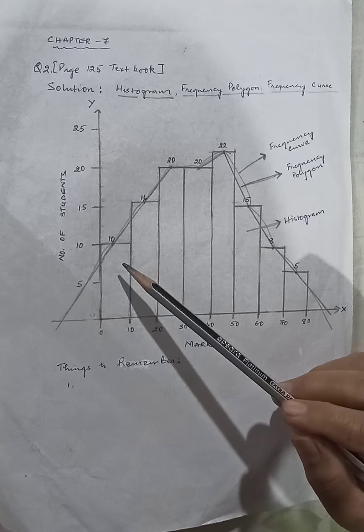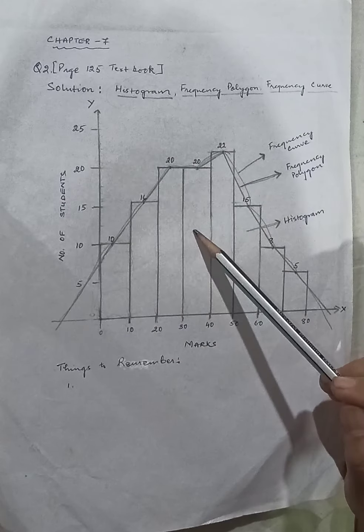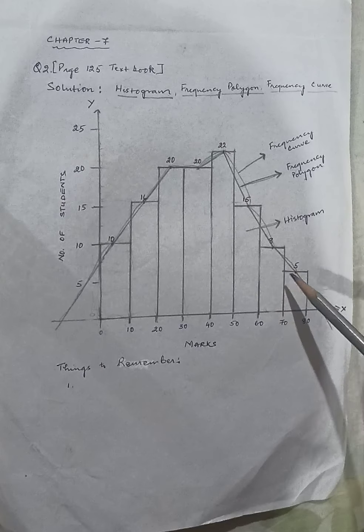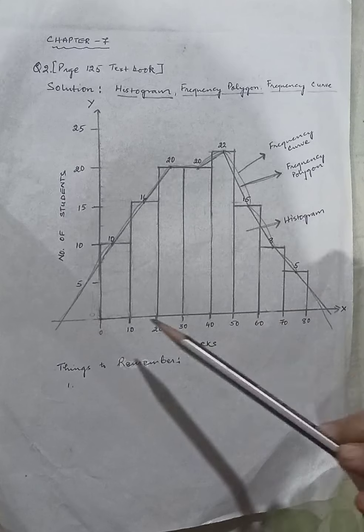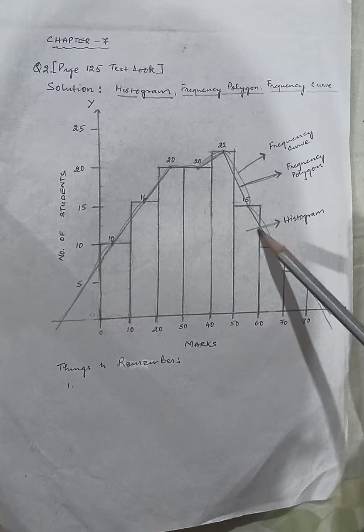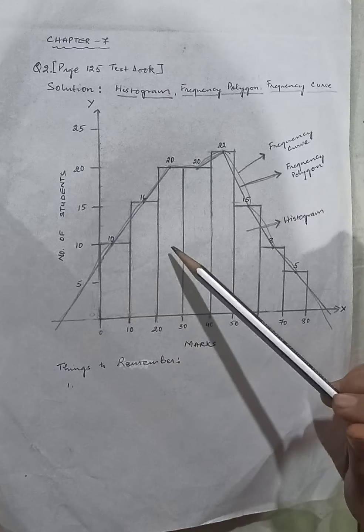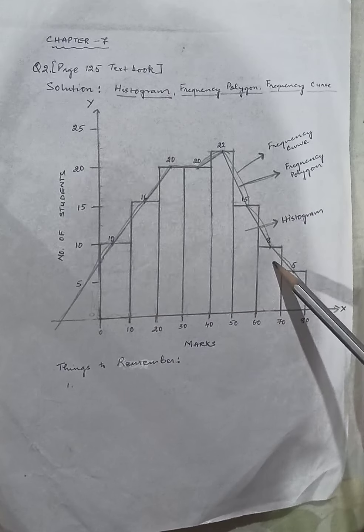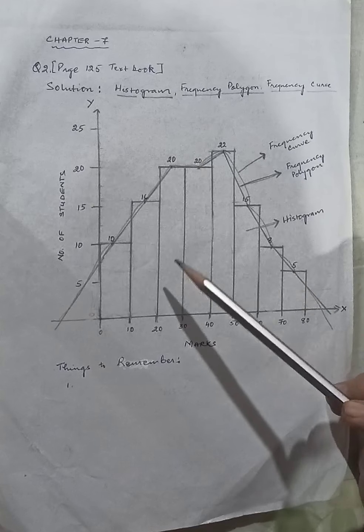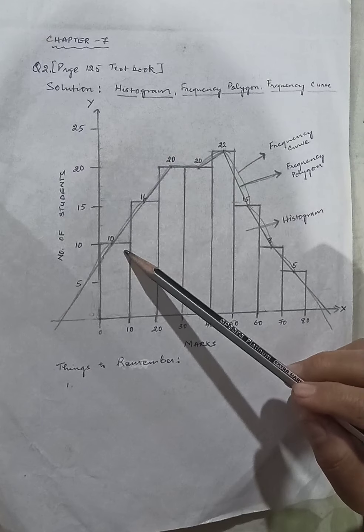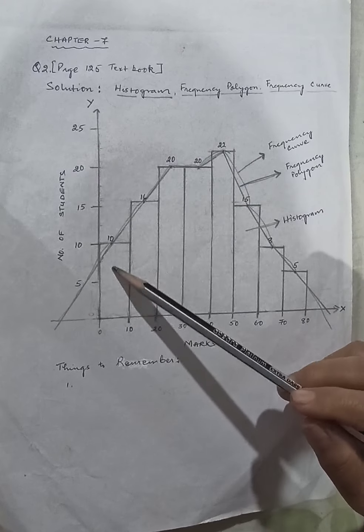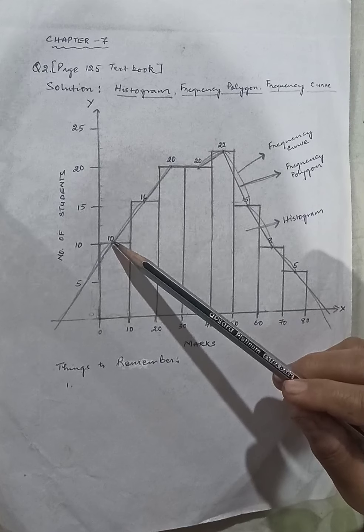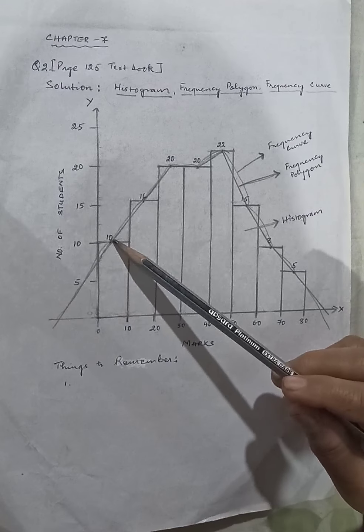So all these rectangles join each other based on the OX axis and OY axis. It is called a histogram. All these bars joining each other represent class intervals, and the height of the rectangle is based on the number of students.